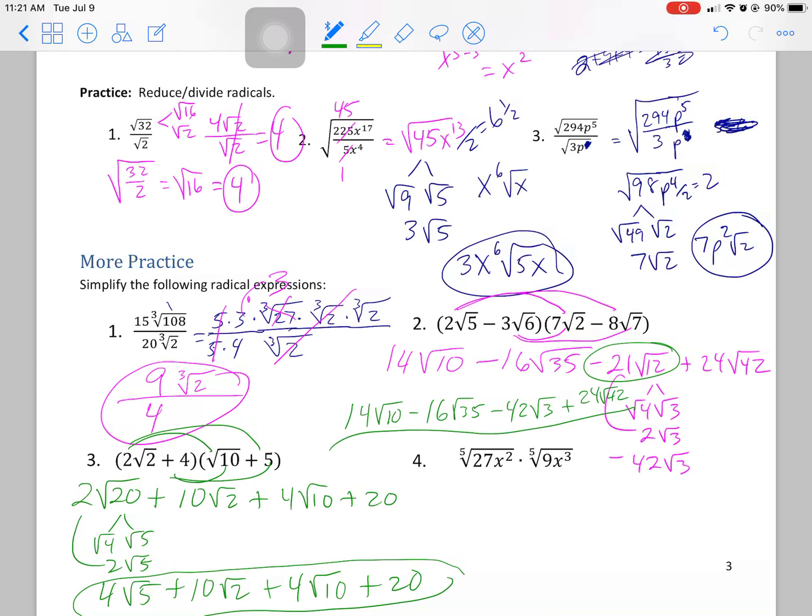Because this is a multiplication, I can't do anything with them individually to simplify them, so what we're allowed to do, because they have the same index, is 27 times 9, and then times x squared times x cubed. So 27 times 9 is 243, which is a perfect fifth.